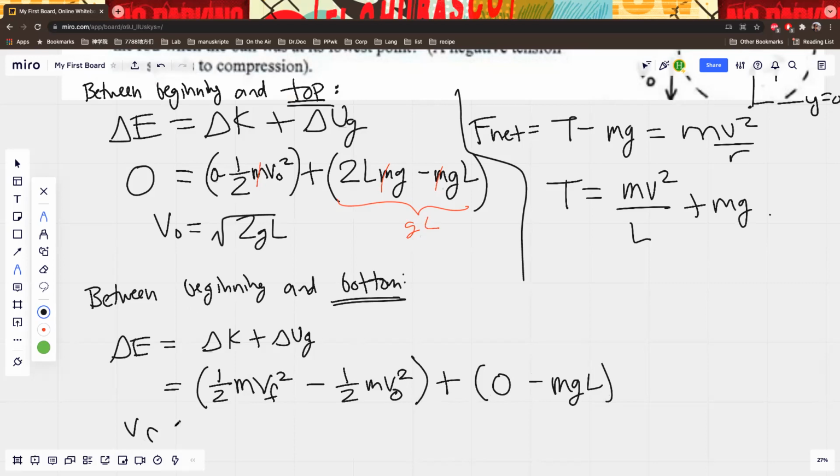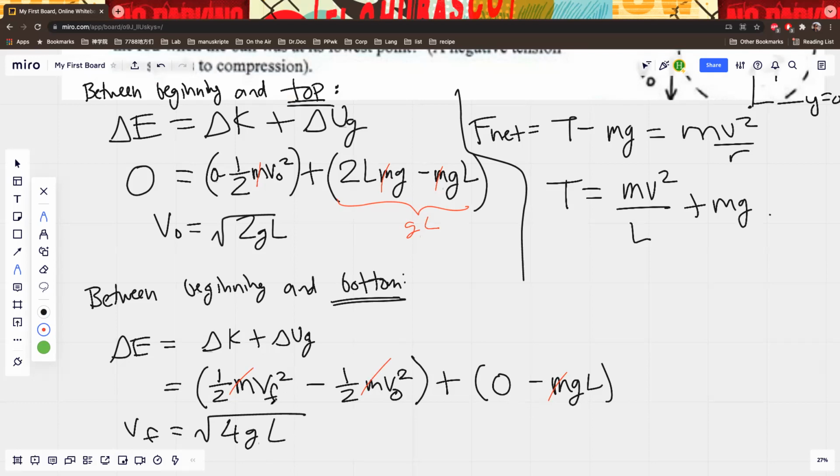So vF is going to equal the square root of 4gL in the end. I get that because I cancel out the masses. So I have negative gL, but I put that on the other side because I want vF. Then I multiply both sides by 2 to get rid of this half.